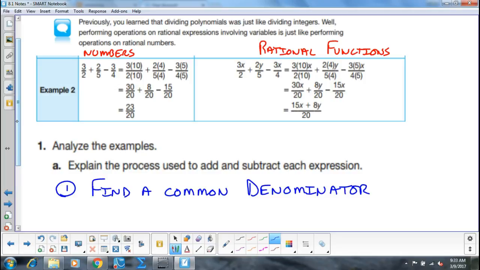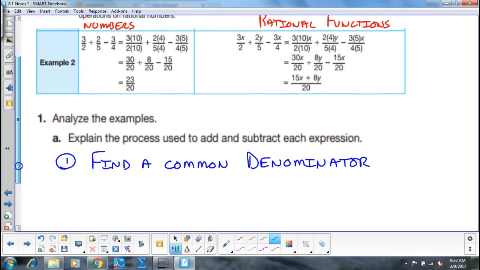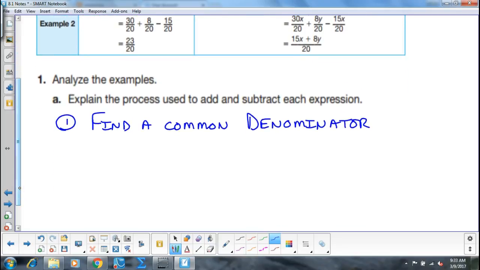So, after we find that common denominator, what did we do next? Multiply the denominator to get to the common one, and then you multiply the numerator by the same thing.